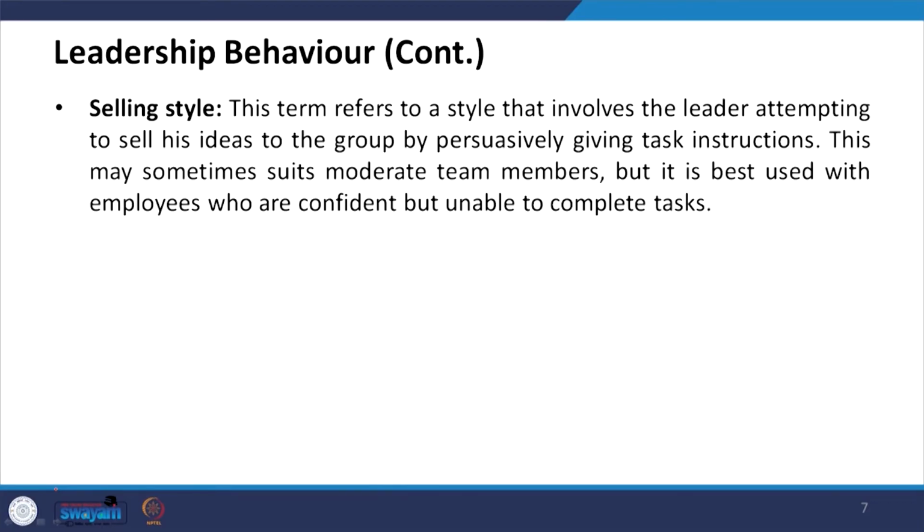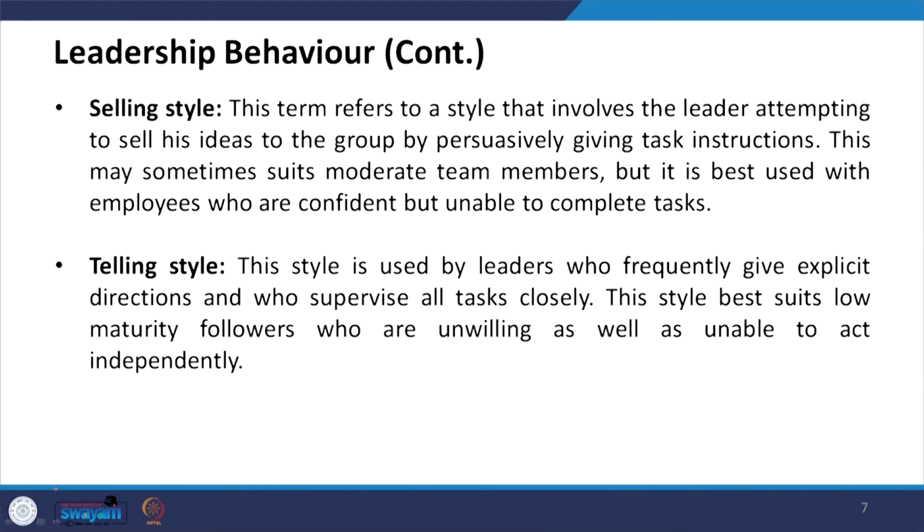Selling style is there. This refers to a style that involves the leader attempting to sell his ideas to the group by persuasively giving task instructions. This may sometimes suit moderate team members, but it is best used with employees who are confident but unable to complete the task. So, in that case this leadership style will work with those employees who are confident but unable to complete.